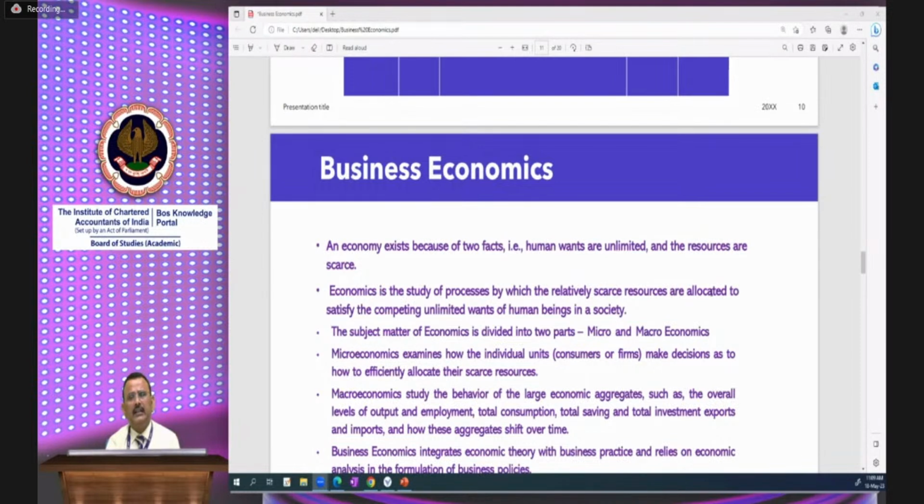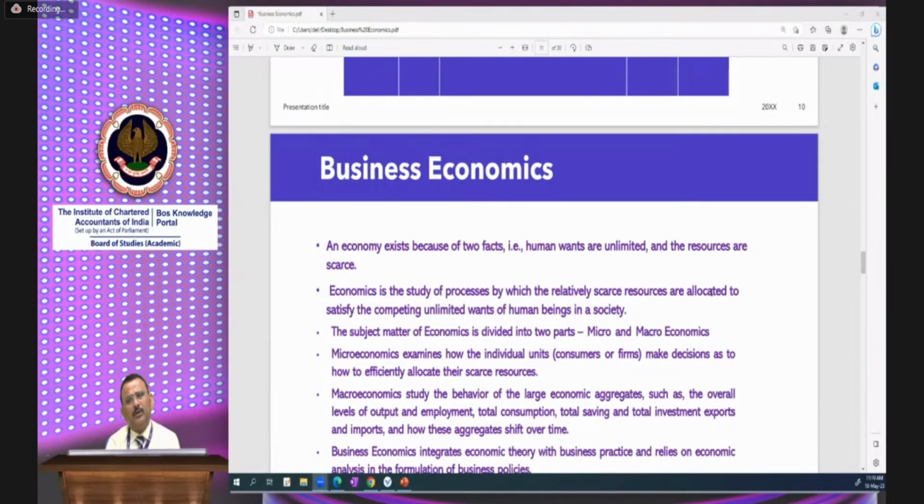First, read the concepts and try to practice the questions given at the end of each of the units or sections. Practice mock test papers and all the other test series conducted by the Board of Studies, which will give you confidence regarding the level of your preparation.